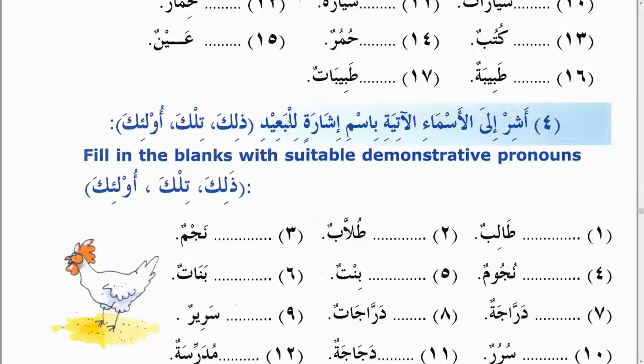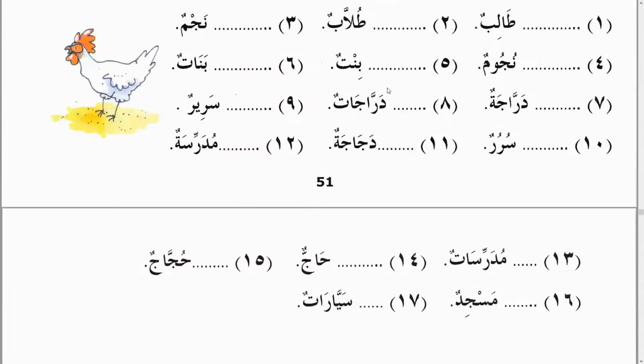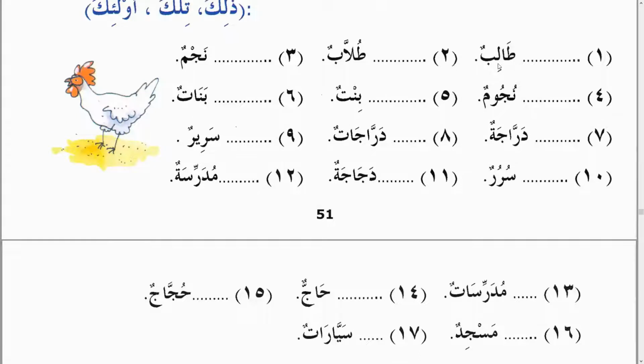Same thing again, but now instead of the near, we will use the far: zalika, tilka, ulaika. Maybe now we could do half of this and then I could help with half. Let's see. Talibun. Talibun is zalika. Zalika talibun.